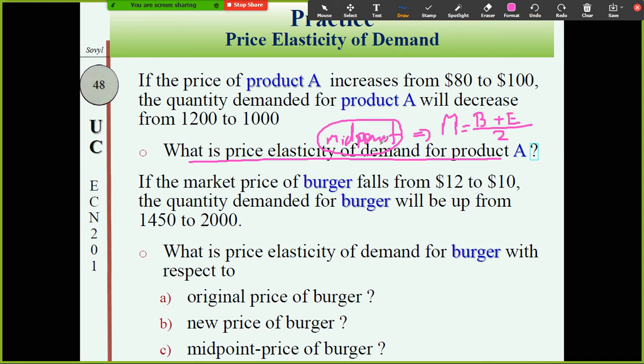If you use the midpoint price, you need to use the midpoint quantity as well, and do the same way to find the midpoint quantity. Okay, be clear.